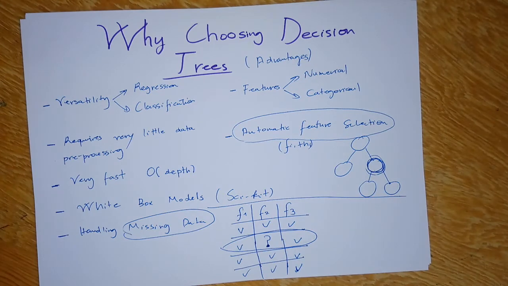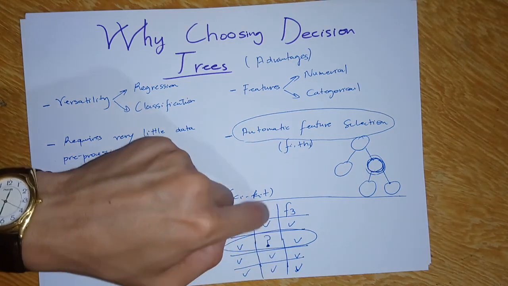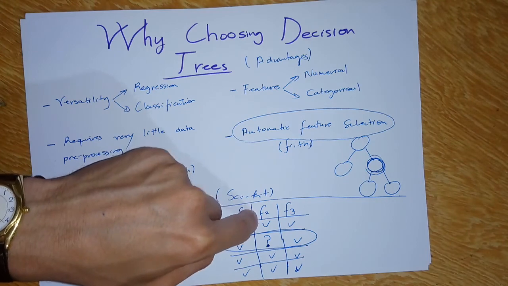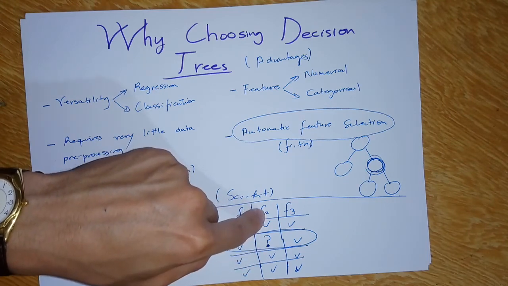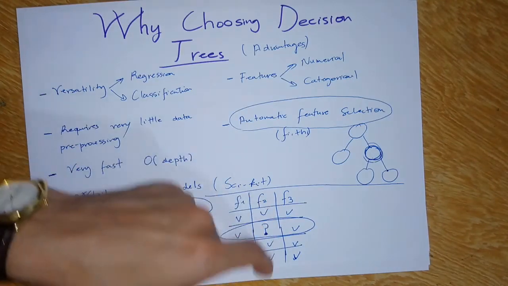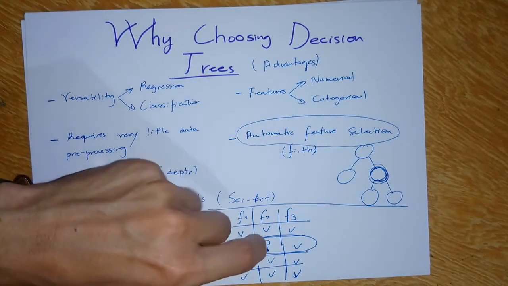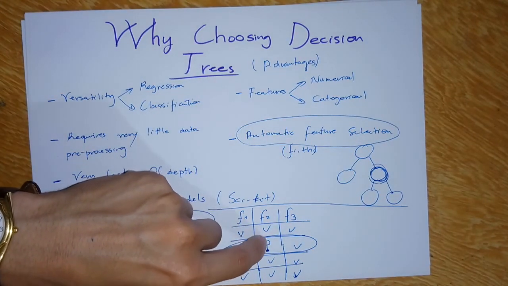Another way to infer this value is to take the mean, the average, or the median of all of these values of feature 2, of course, because I have missing data for feature 2. So I can take the median of all the values that I have here and say, well, the median is the value that is missing.